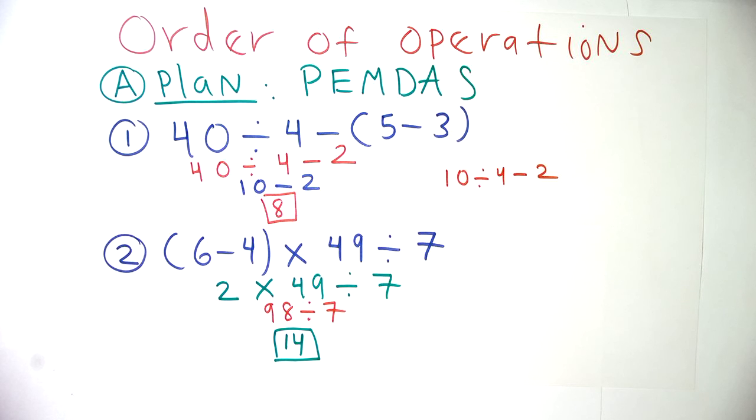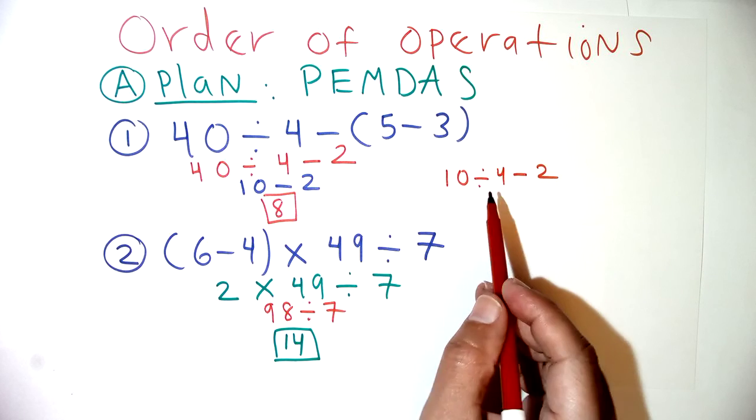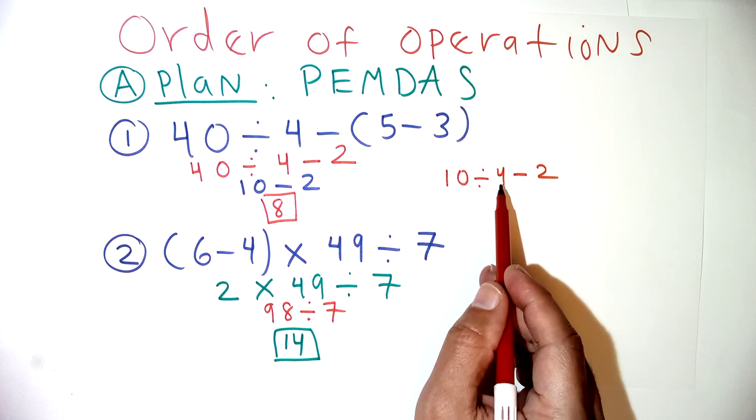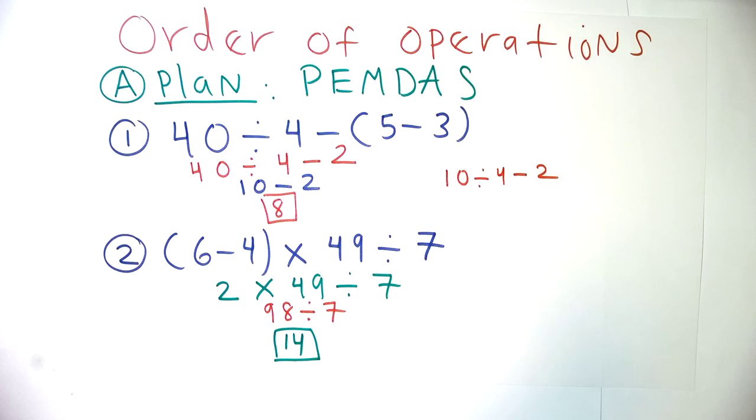Now 10 divided by 4 is going to give you a decimal, so that might be something you run into. Or even if it was possible to divide it, you're not going to get the answer clearly. So these are things that you need to look out for.